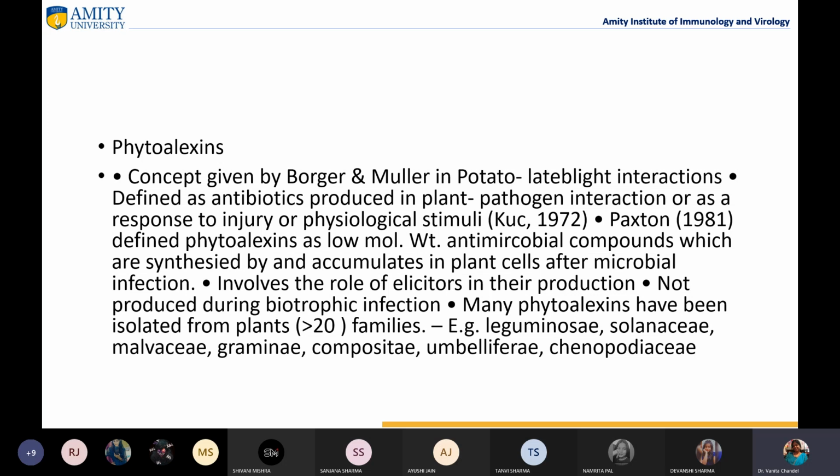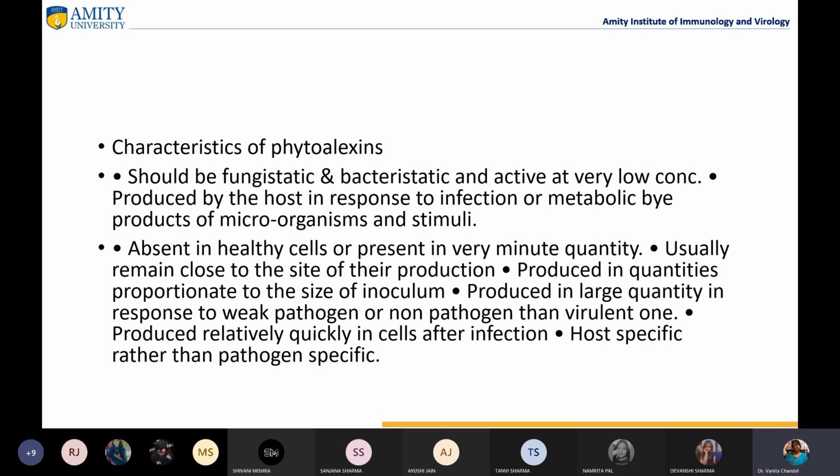Again, these phytoalexins play a role in the elicitors in their production, and are not produced during biotrophic infections. Many phytoalexins have been isolated from plants in more than 20 families, for example Leguminosae, Solanaceae, Malvaceae. What are the characteristics of phytoalexins?